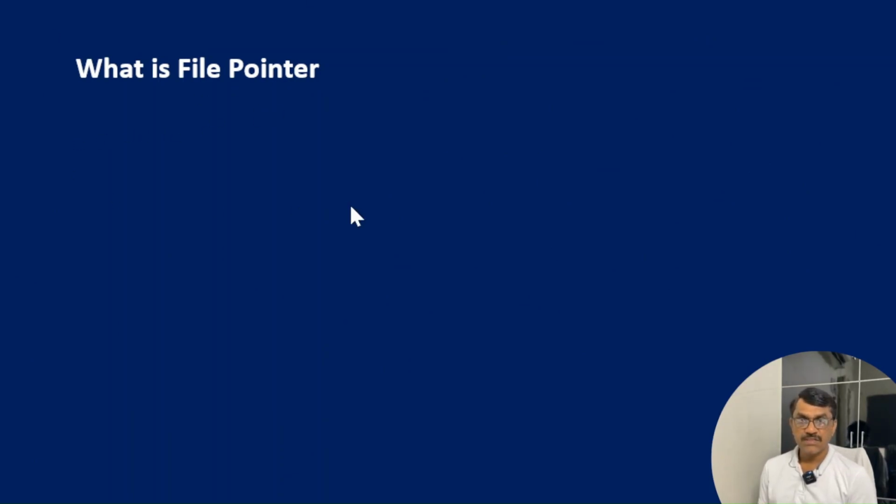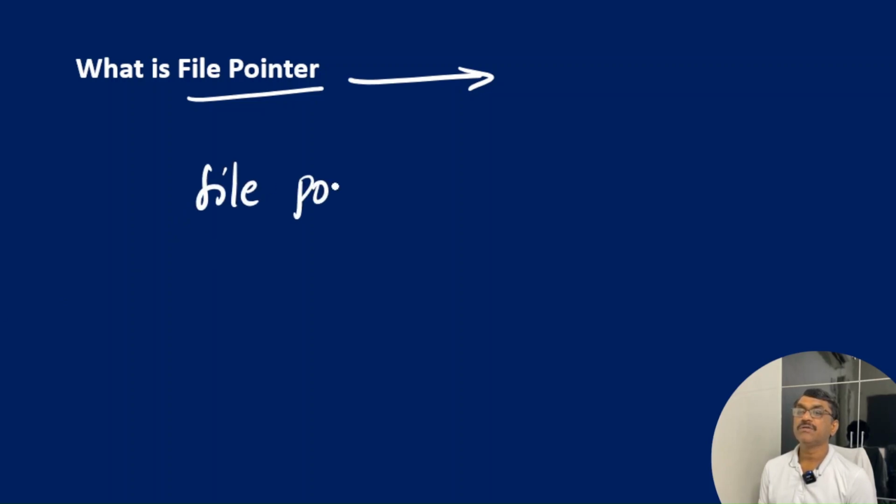Now we will discuss how to create a file. To create a file, the important thing you should know here is the file pointer. Before going to create a file, you must understand the concept of the file pointer.